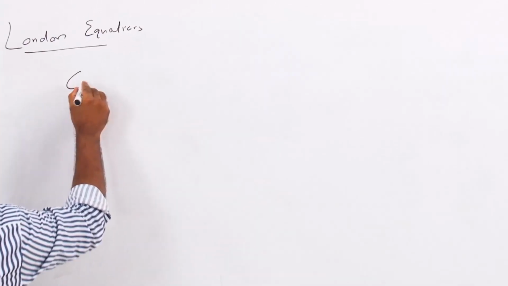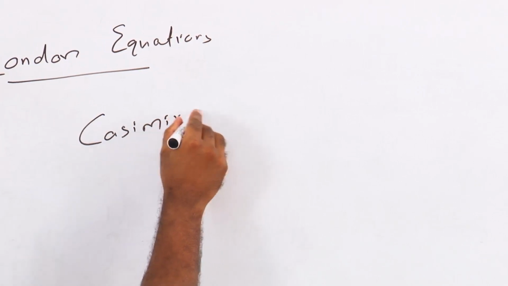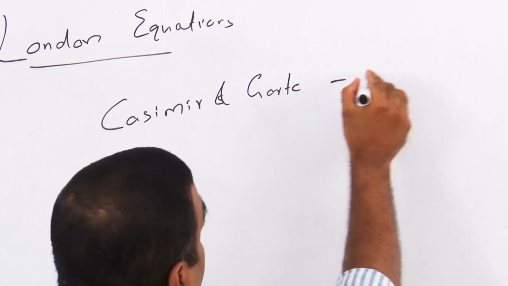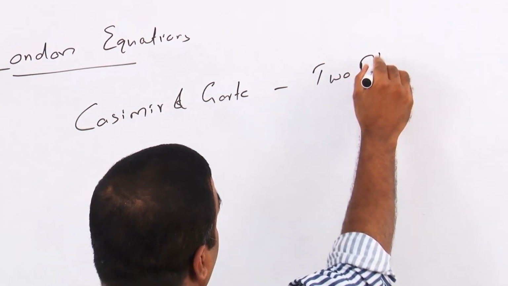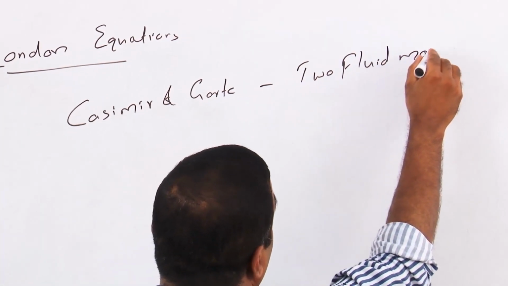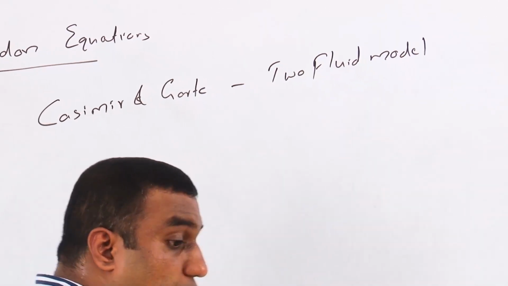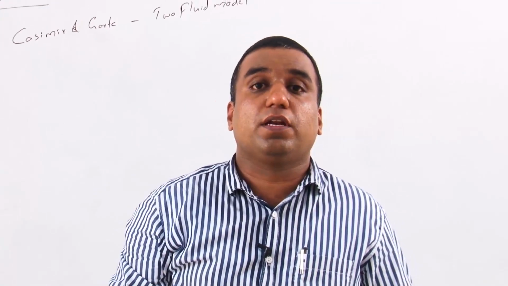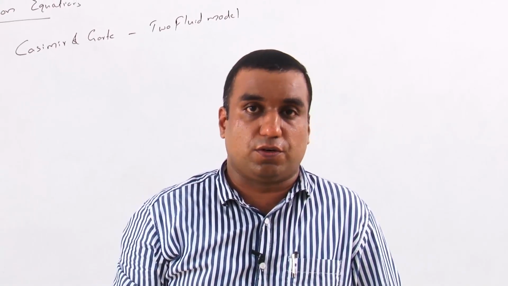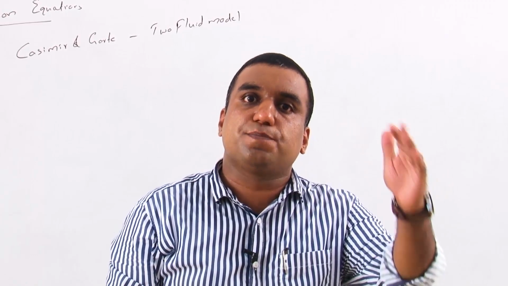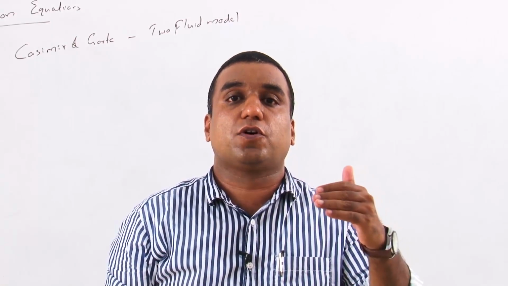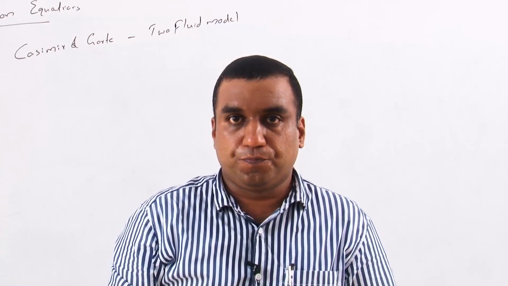Therefore, Gorter and Casimir proposed a two-fluid model in which two types of electrons exist inside a superconductor. The one is called normal electrons and the second one is called superelectrons. The normal electrons behave in a normal way and the superelectrons are responsible for superconductivity.